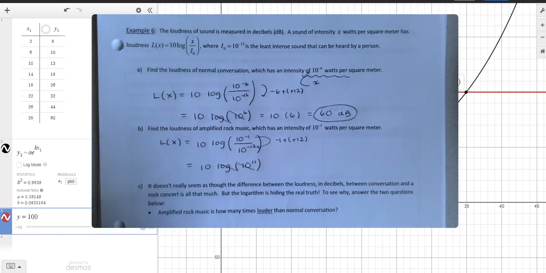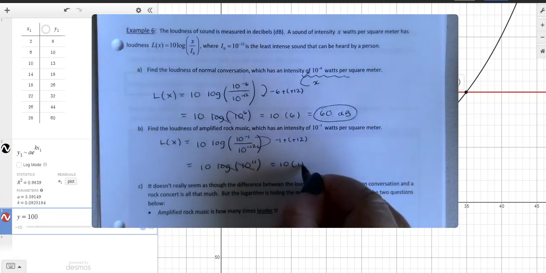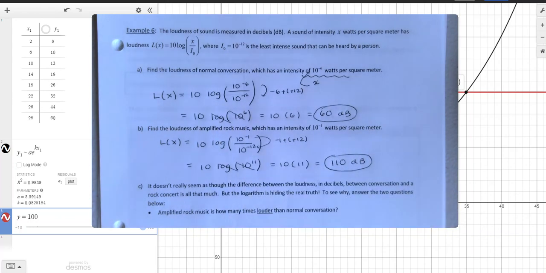Inverse functions again. Gives me 10 times 11, or 110 decibels. By the way, I would not expect you to memorize these kinds of equations by any means. I would give them to you if you needed them.